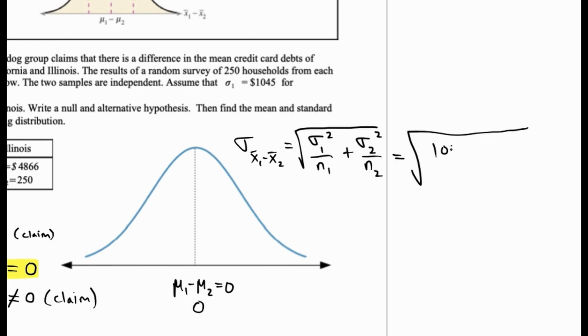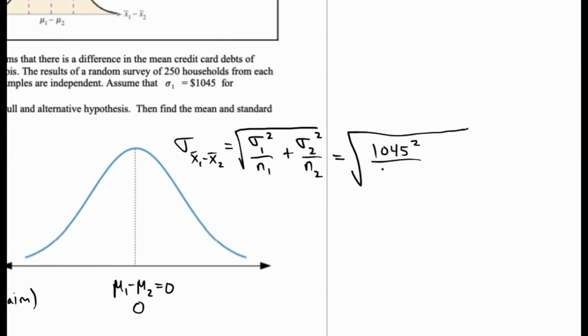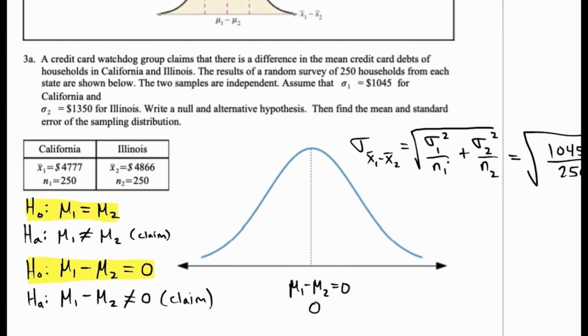Sigma 1 was 1045. N1 is 250. Sigma 2 is 1350.